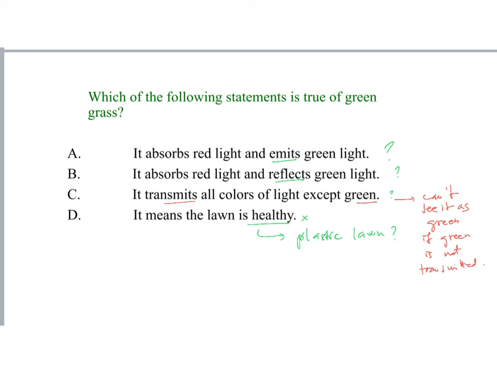It turns out, as we will see, I think the very next lecture, that the grass, okay, the green grass does not emit green light. The correct answer for this question is B, and here are some examples of how these things work, and we're going to go into some more details in the next chapter.